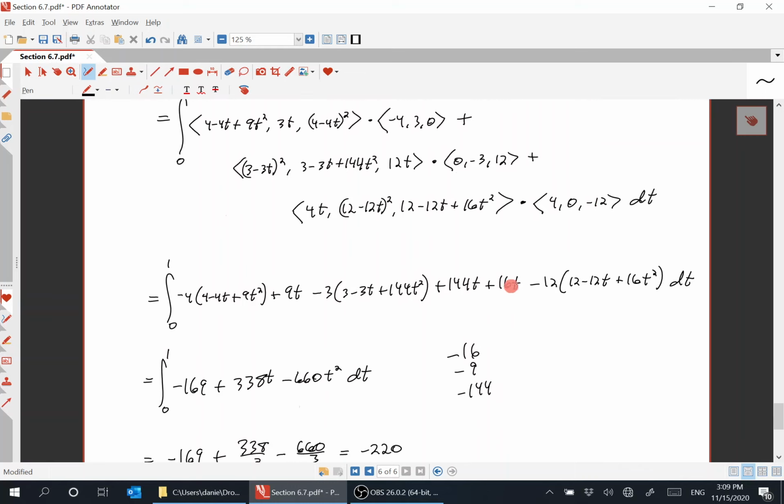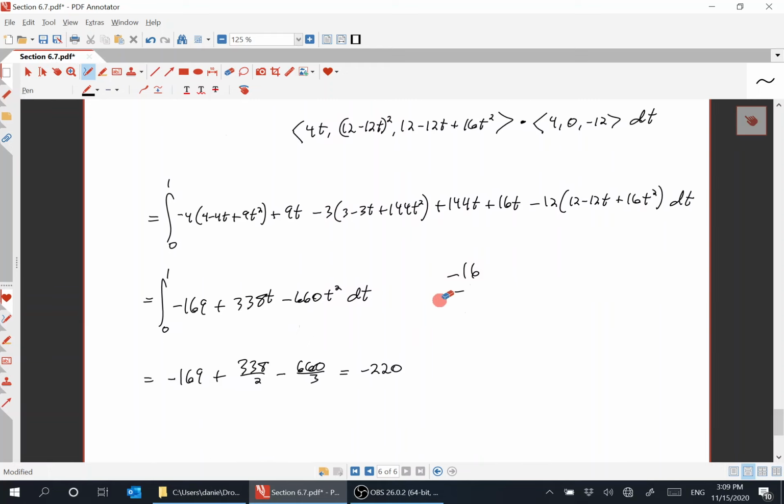So we get this business here, which when you collect like terms, you get this right here, integral from 0 to 1, which is minus 169 plus 338 over 2 minus 660 over 3, which is minus 220. Right? So the same answer, as it should be, because that's what Stokes' theorem is telling us. Okay.